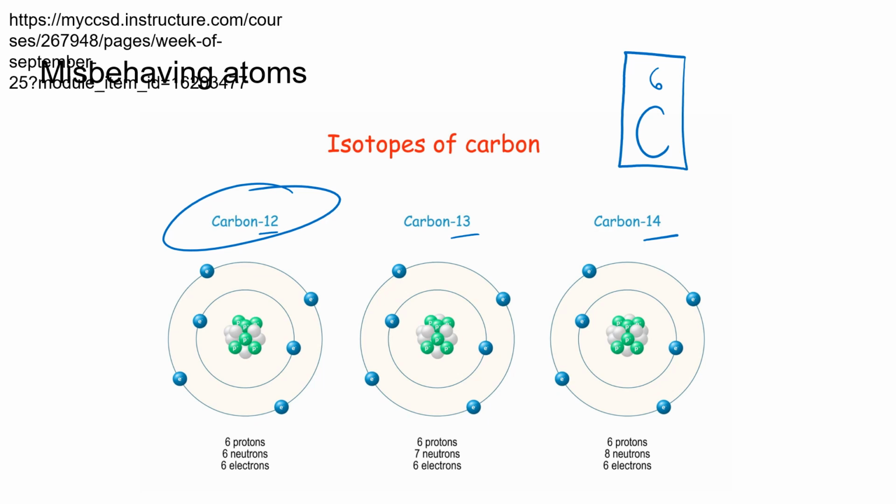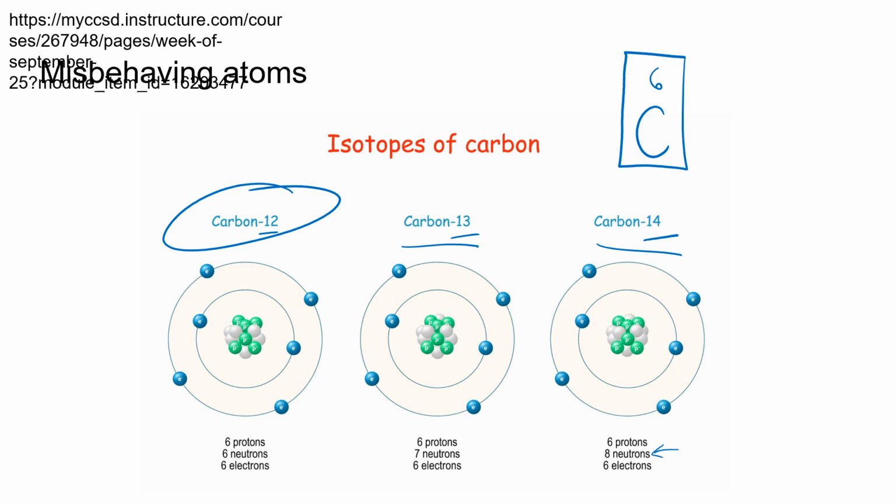Going back to my previous slide, the hard rule in science is that the atomic number is always equivalent to the number of protons. However, it's not necessarily the number of neutrons and electrons, but it sometimes is. So here you have an example where you have 1 extra neutron for carbon-13, and for carbon-14, you're going to have 2 extra neutrons.